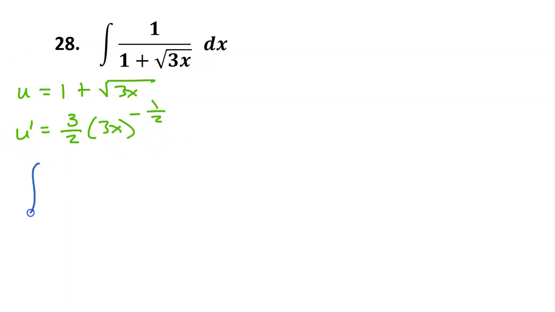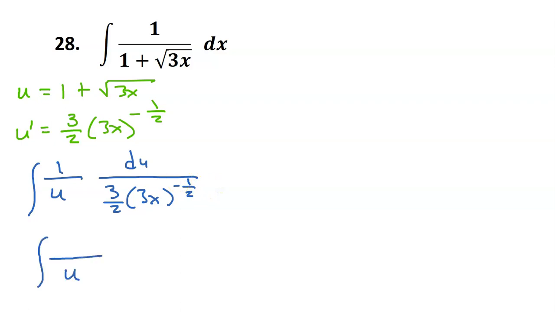Let's go ahead and do the substitution. So we now have 1 over u. We replace dx with du divided by u prime. So we have our 3/2, 3x to the negative 1/2 power. Okay, the 3 over 2 in the denominator. When you divide by a fraction, you multiply by the reciprocal.